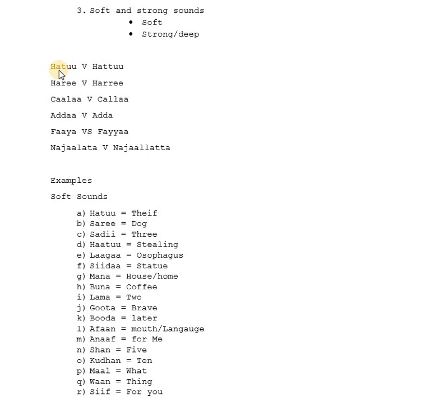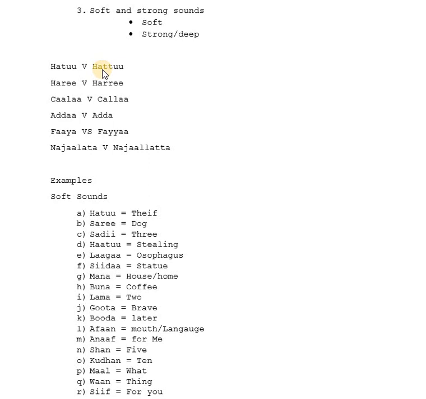I'll tell you what. Hatu means stealing, hattu means thief. Hare means clean, clearing, hare means donkey. Completely unrelated. The way we say it, as we said in the previous video, is the way we write it in Oromo.